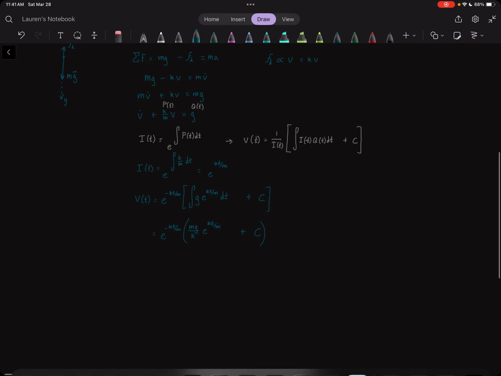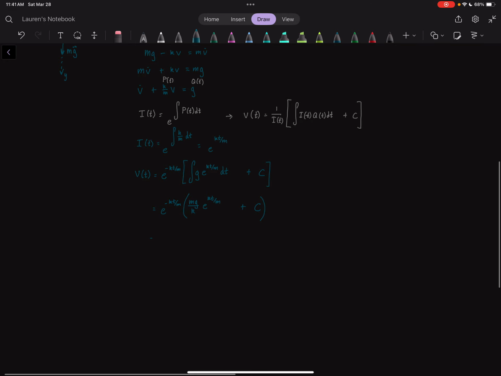Or in other words, since some things cancel here, we have just mg over k plus c times e to the minus kt over m, just distributing that through.